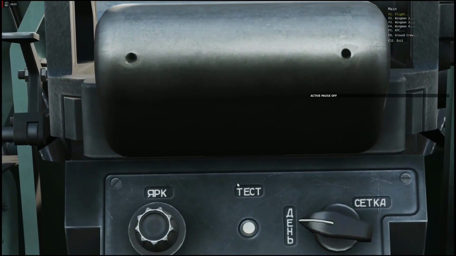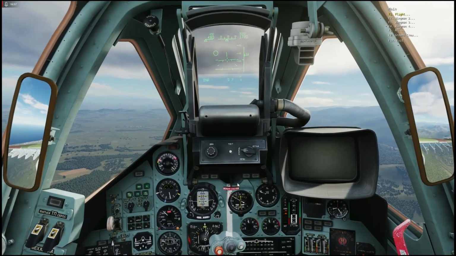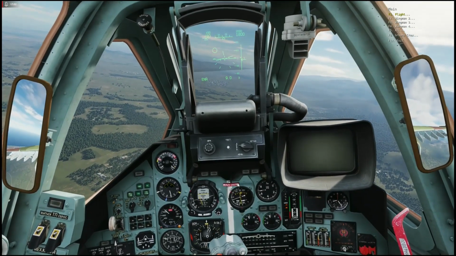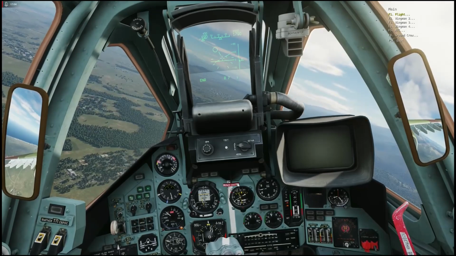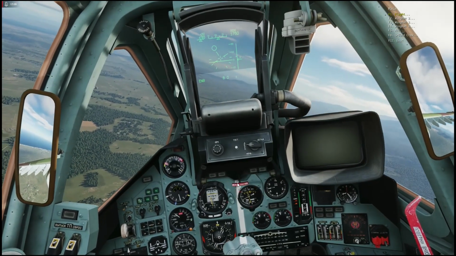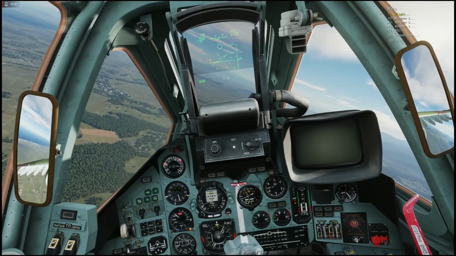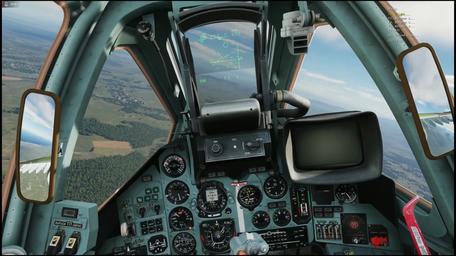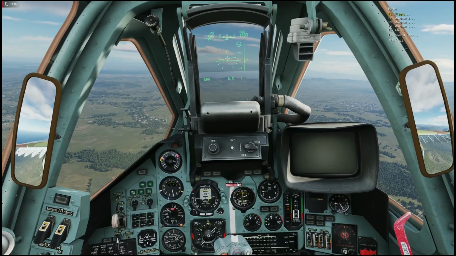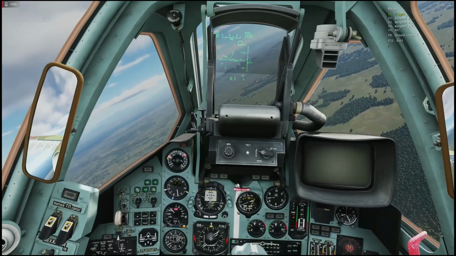That way I can drag over the desired route. A bit too fast. And a bit more roll. See, as the two needles on the HSI are slowly coming together. When they are very close together, I'm going to make a pretty hard right roll, like now.